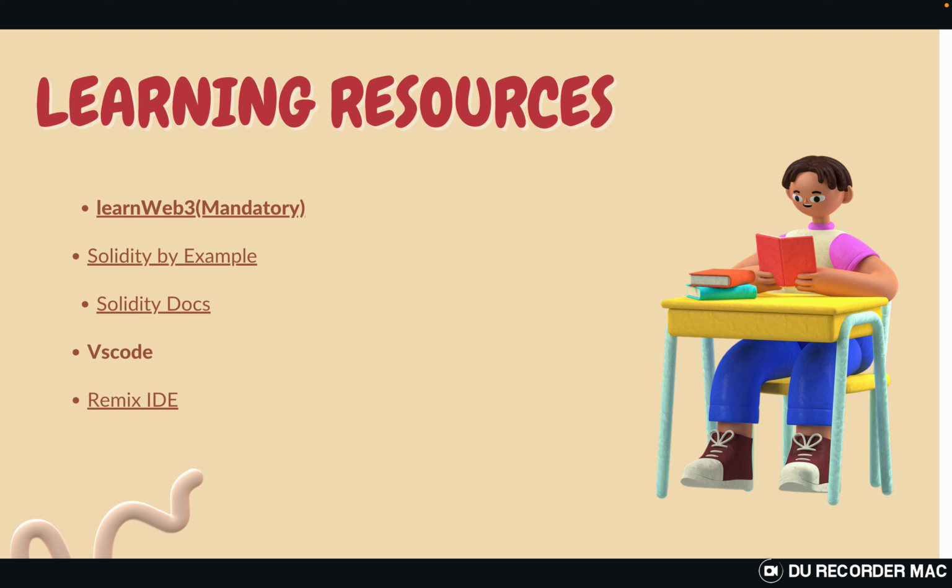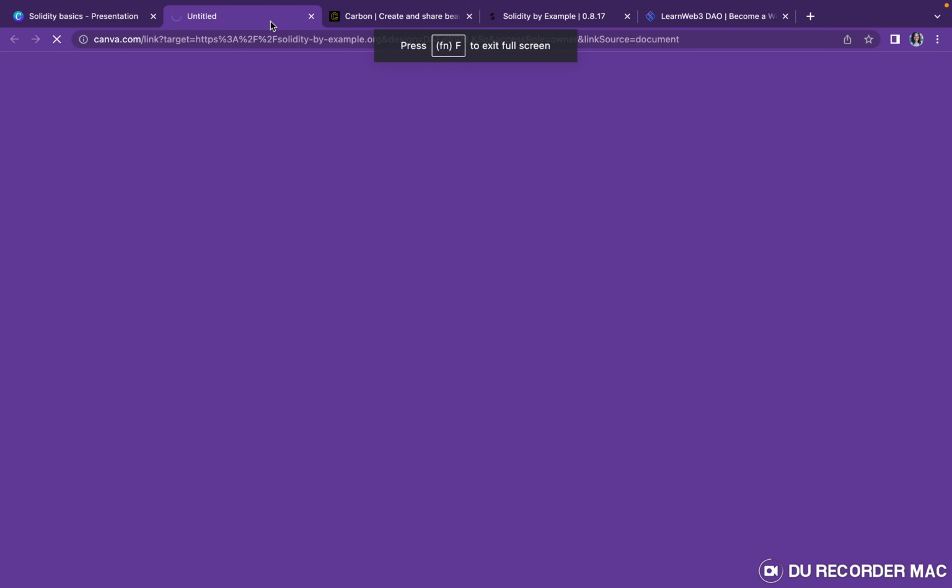The reason I put this here is that these are the major places I recommend you go to learn. Learnweb3.io is the resource we're going to be using to learn about Solidity, and we'll also be making use of Solidity by Example. So I'm opening Solidity by Example to show you.